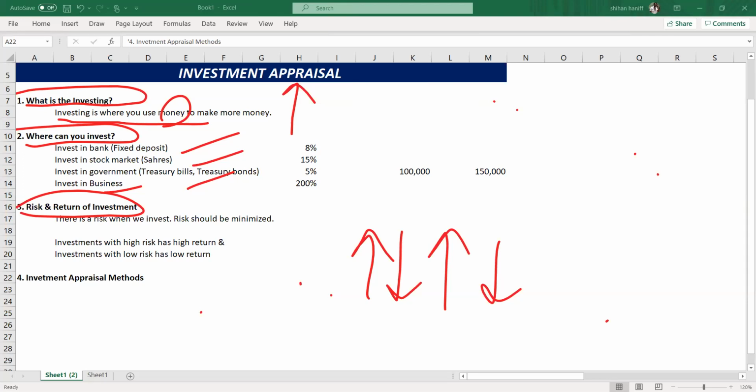Right. So methods, and remember this is a very simple chapter, right? Easily you can get the marks if you understand the techniques.